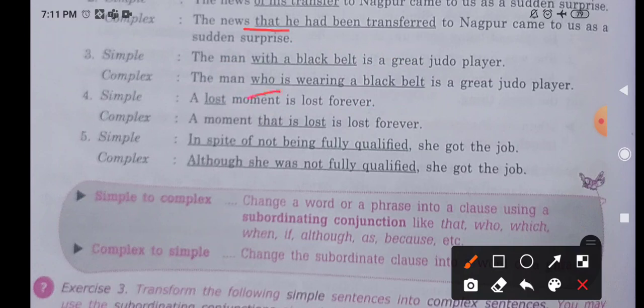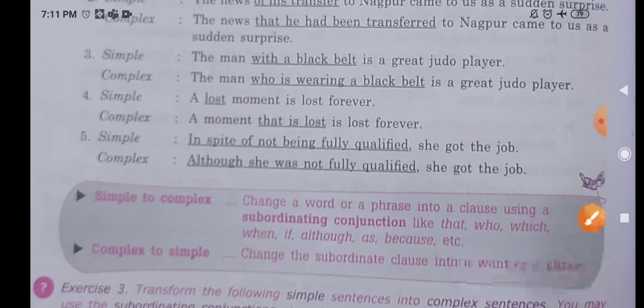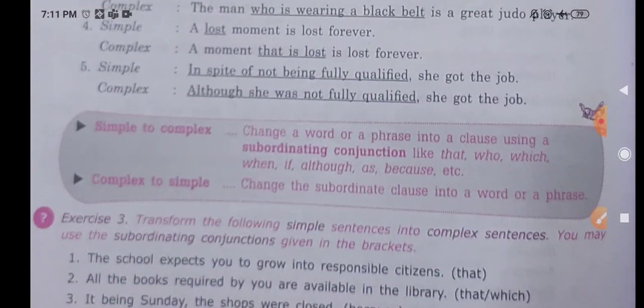So phrases are being changed to clauses. And vice versa, if we are changing from complex to simple, we change the subordinate clause back to a phrase. So we have to keep these things in mind when we are changing from simple to complex and complex to simple.